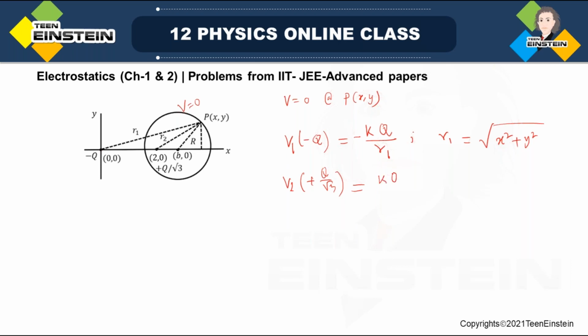This is kq by root 3 into R2, where R2 is actually the square root of, see, the coordinate of these two we have to write like this, (x minus 2) whole square plus y square, because the y coordinate of this point is 0 again, so this is y square.